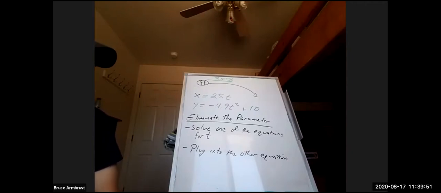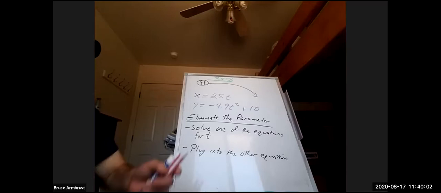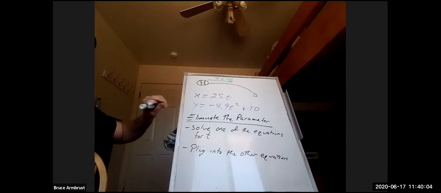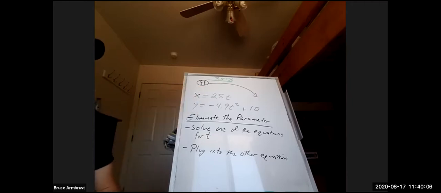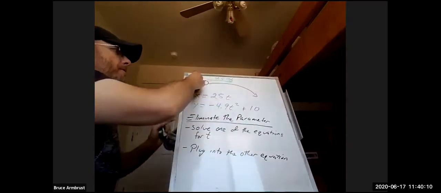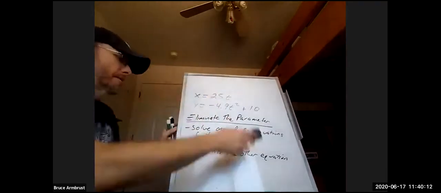And what that's going to allow us to do is have no more t's. So it's kind of like when you do solving systems of equations, because we have two equations. It's just since we have three variables, we're only going to be able to get rid of one.